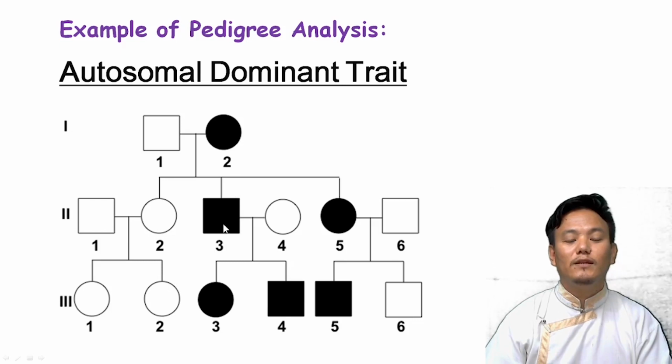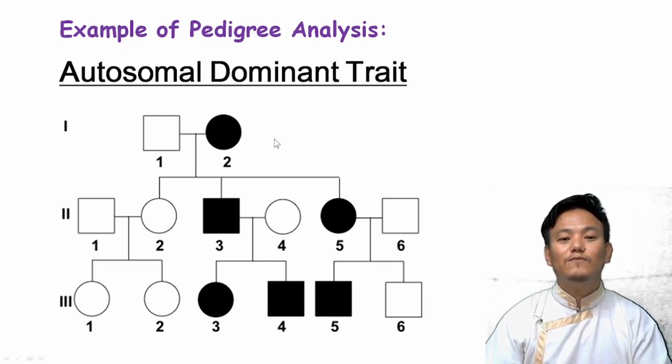And then their second child, the male who is showing the trait, also married another female, and they also had a child. So we can say these two are the grandparents, these are the parents, and these are their grandchildren. You can just simply imagine it in that way.